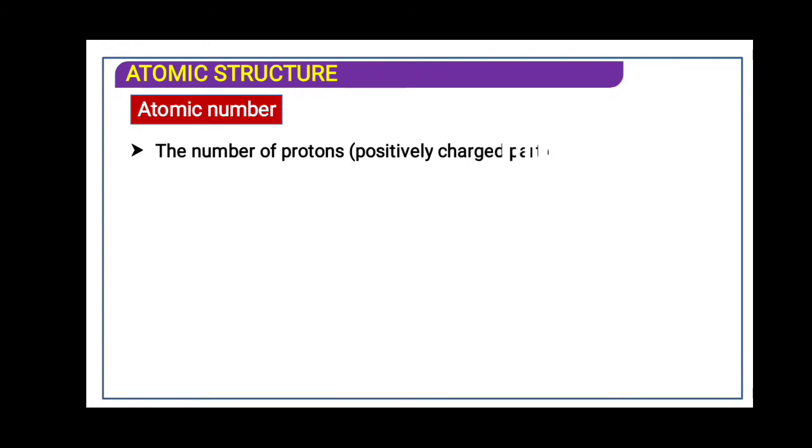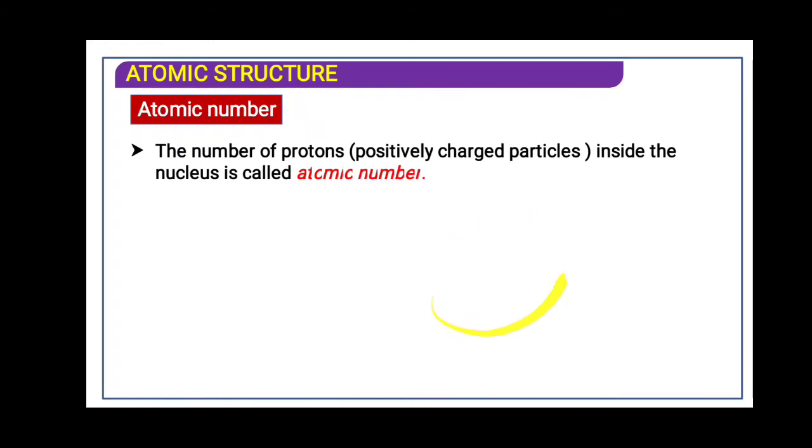Atomic number indicates the number of protons which are present in the nucleus. As the nucleus is spherical in shape, inside the nucleus there are protons and neutrons. These are the subatomic particles present inside the nucleus, and outside the nucleus there are electrons revolving.